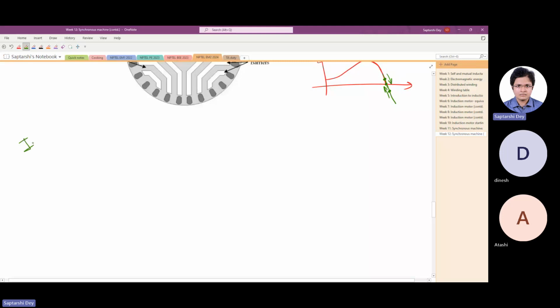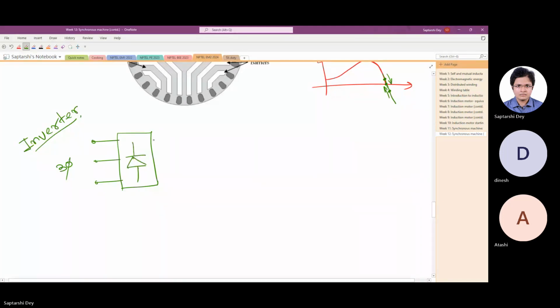Now we have inverter. So it's not very difficult to start. What we have is the three-phase grid, and since we have to run an inverter, first comes a diode bridge to make it DC.